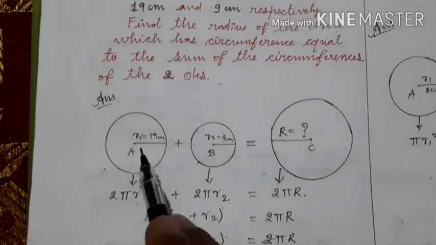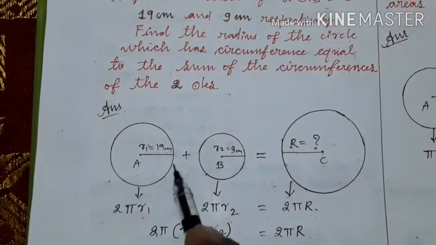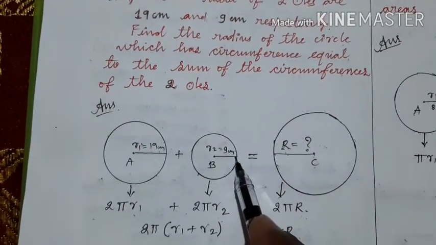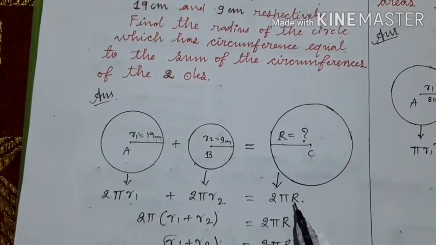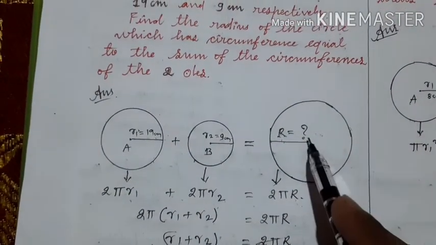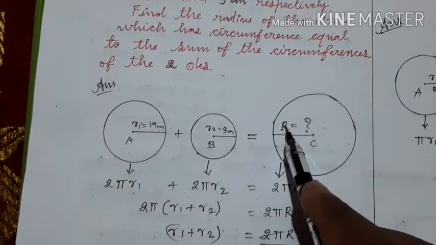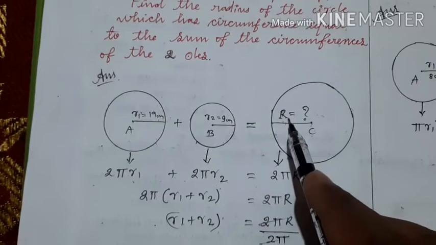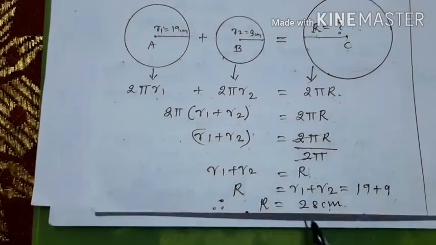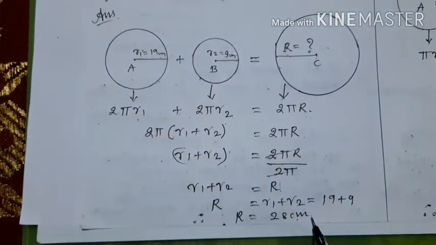It means if we add the circumference of this plus the circumference of this, we will have a new circle whose circumference is 2 pi R. And this newly formed circle will have a radius, and the newly formed circle's radius R is equal to 28 centimeter.